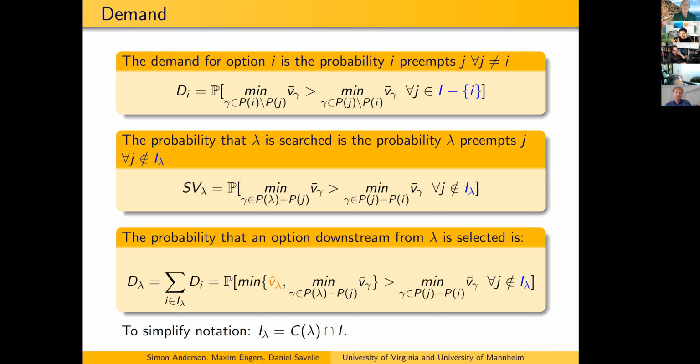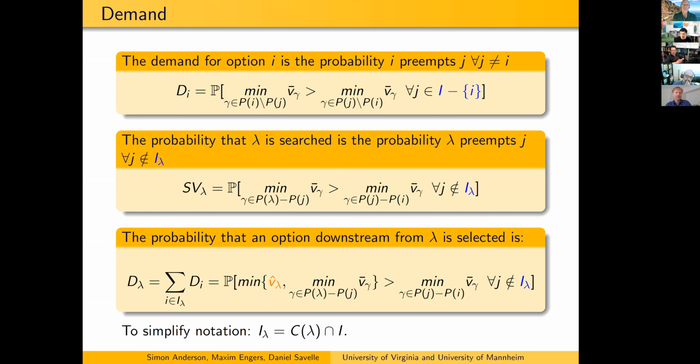There's no next best option logic here, right? Because of the possibility of shared paths. You compare different sets of scores depending on which options you're comparing to. The idea, though, is because something must be selected, we include the outside option in this set. Because something must be selected, if I preempts all other options from being selected, I will be selected.